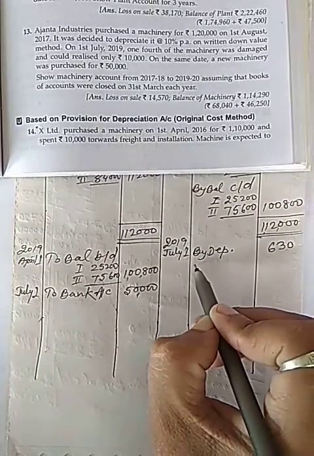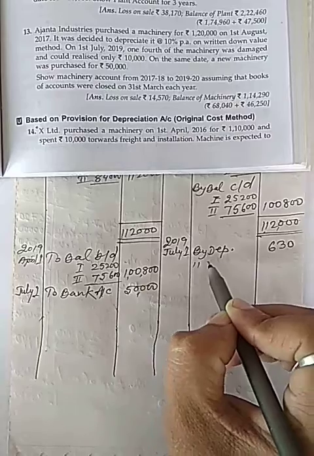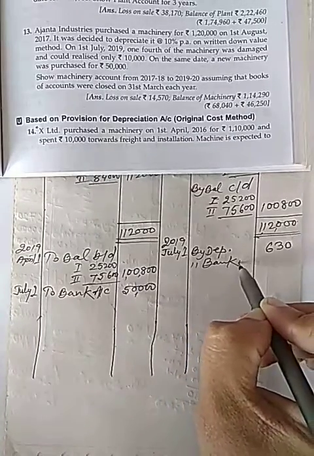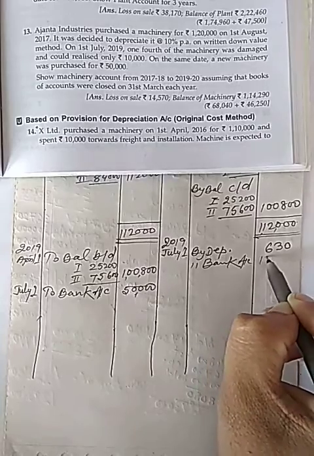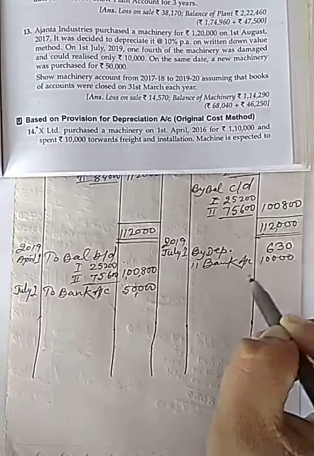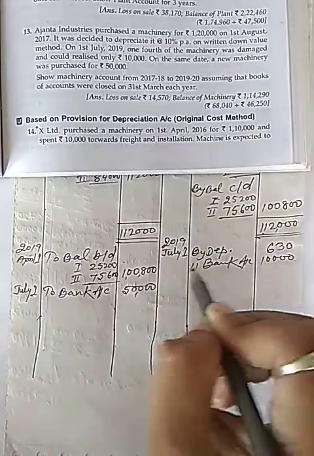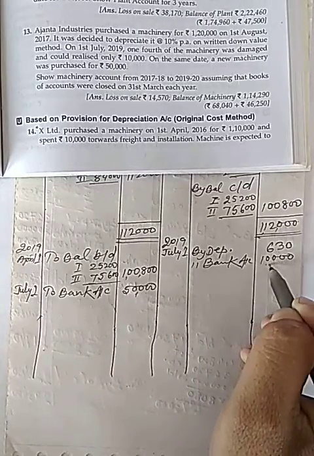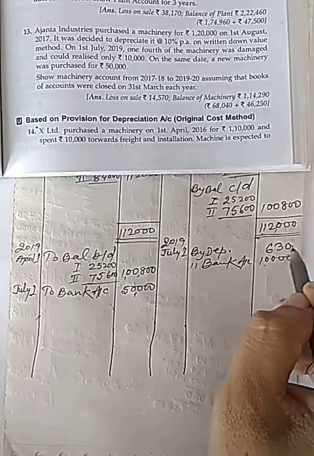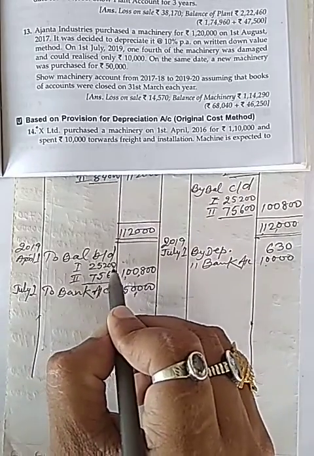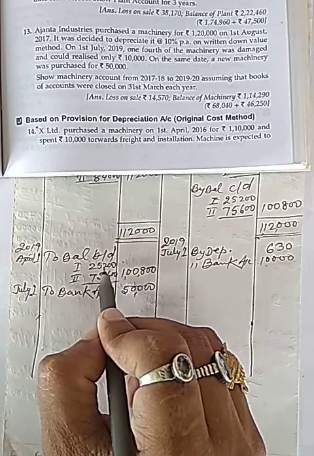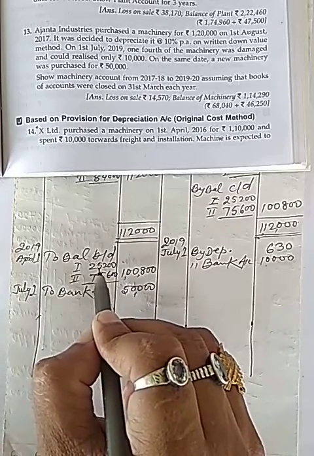And it has been sold in 10,000, so I will write bank account 10,000 rupees. So you can see when we deduct 10,630 from 25,200, then it will become our loss.